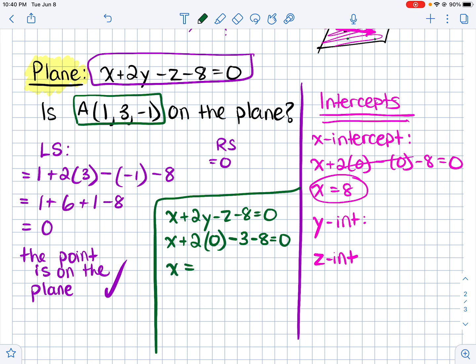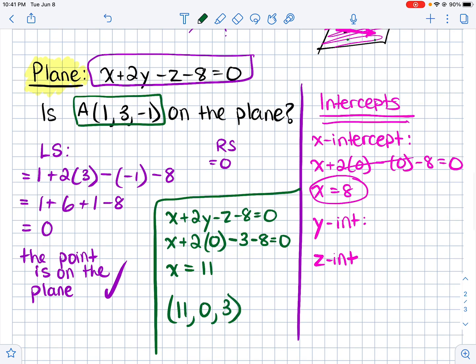So x would equal, so 2 times 0 is 0, negative 3 minus 8 is negative 11, so positive 11. So now I just created the point 11, 0. Oh, I guess that would be positive 3, right? Okay, so I found the point 11, 0, 3 is on my plane. It's like an odd point, but yeah, just randomly picked it.